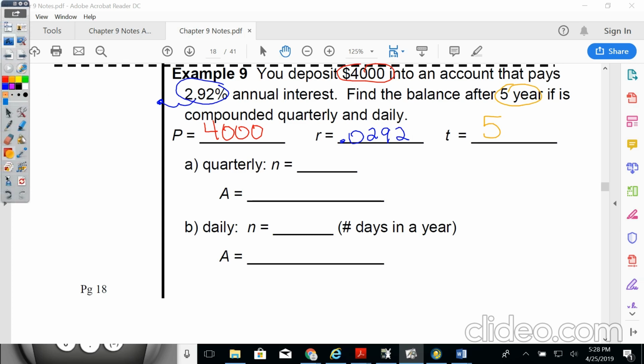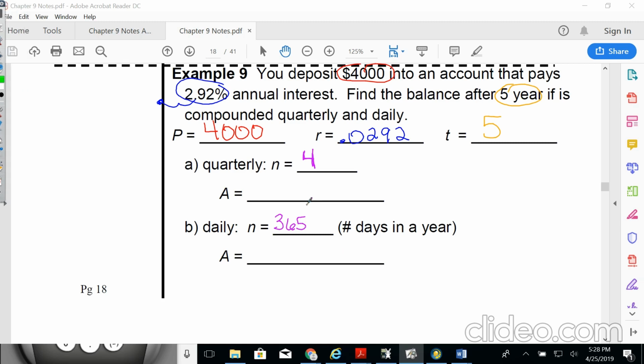So quarterly, how many quarters are there in a year? There are 4 quarters. Now I know that's every 3 months, but in a year, how many times does it happen? It happens 4 times. So quarterly is 4. Daily, we'll say in a regular year, is 365. It will not make a difference if it was 366. A little difference, but not enough to change the amount that we're going to get.